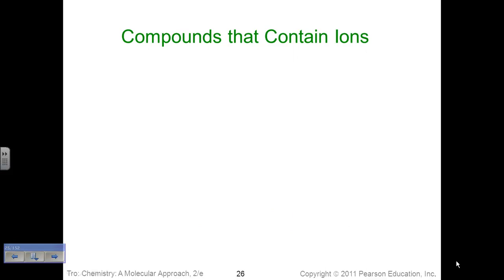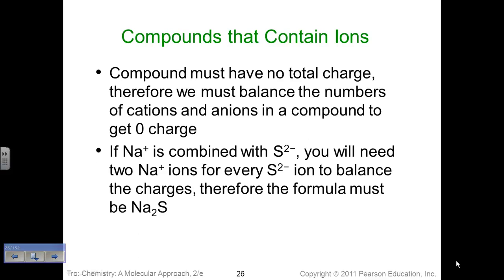Compounds that contain ions are called ionic compounds. As a whole structure, they have no total charge, but they're built of positives and negatives that are electrically balanced, so the net charge is always zero.